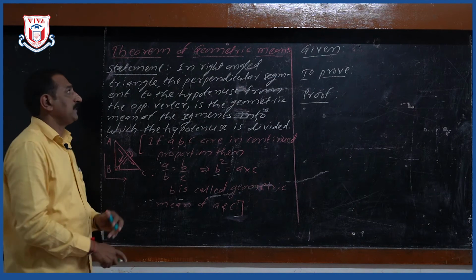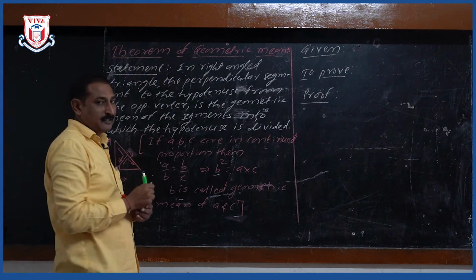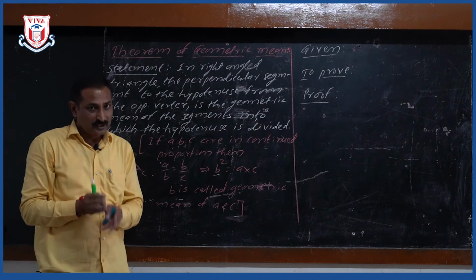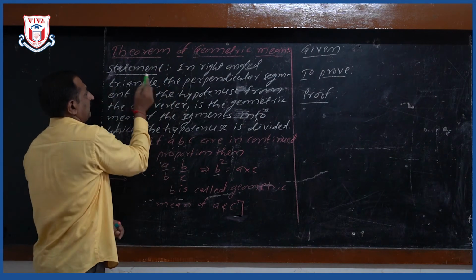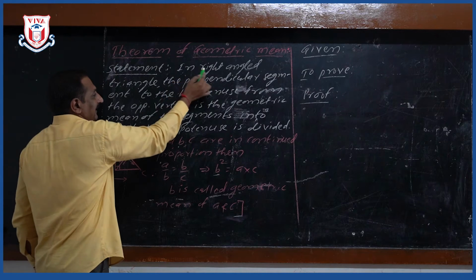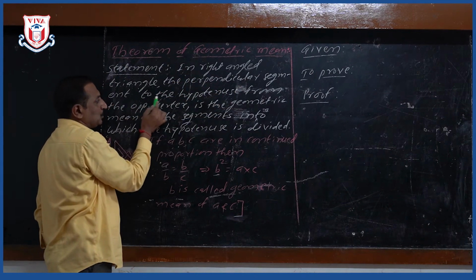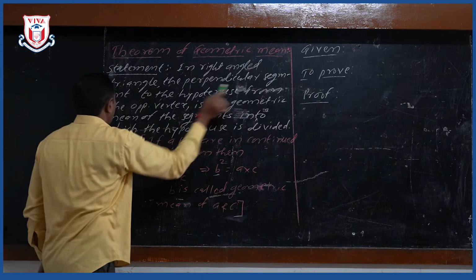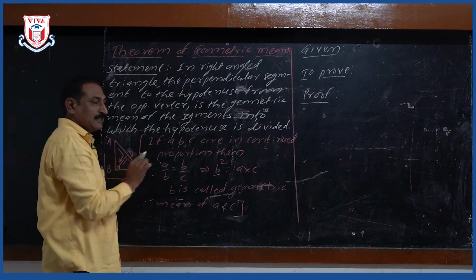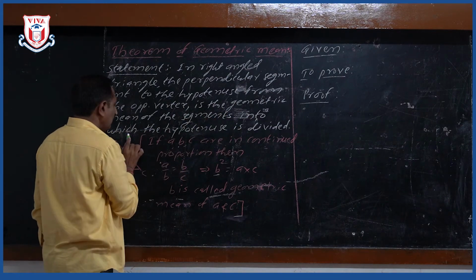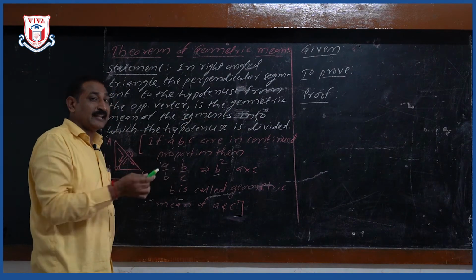Now the next concept is the theorem of geometric mean. You studied about similarity and the right angle triangle theorem. Here the statement is: in a right angle triangle, the perpendicular segment to the hypotenuse from the opposite vertex is the geometric mean of the segments into which the hypotenuse is divided.